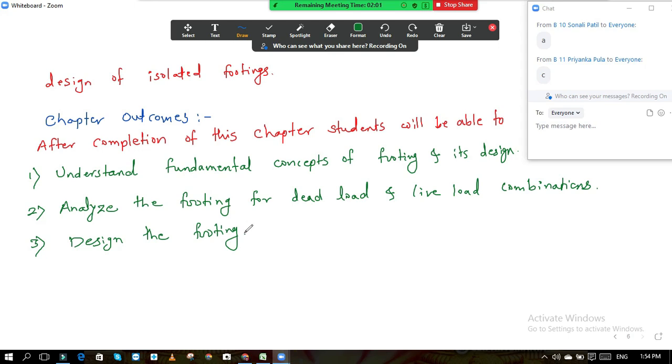I have already given you the introduction, and all of you know what a footing is. In short, I will give you that introduction in return, and then we will directly move to solving the numerical. While solving the numerical, I will explain the steps, so that it will be clear to you.